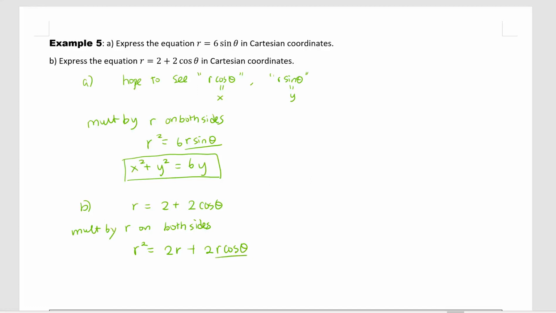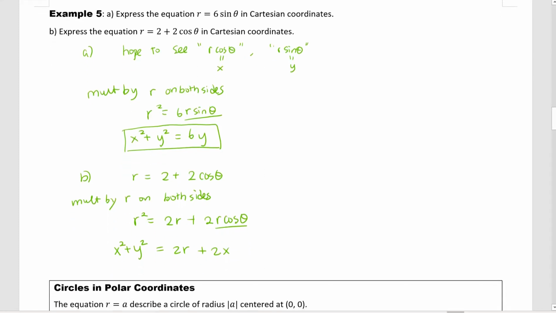Yay! r cosine theta, that is x. And then the rest, we have 2r. r squared is x squared plus y squared. So far, so good, everybody. We still have r there. Well, it's okay. r is the square root of x squared plus y squared.